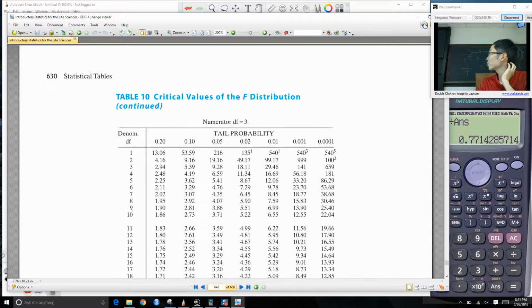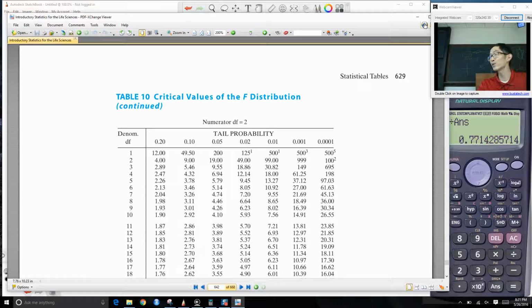So in our case, we would go to numerator df equal to 2, find the row that says denominator degrees of freedom 9, and look up 0.7714. We would say, oh, 0.7714 is smaller than this number 1.93. Therefore, the associated p-value is greater than 20%. Okay.